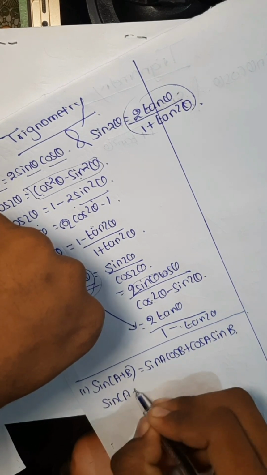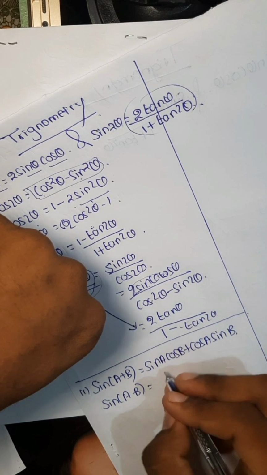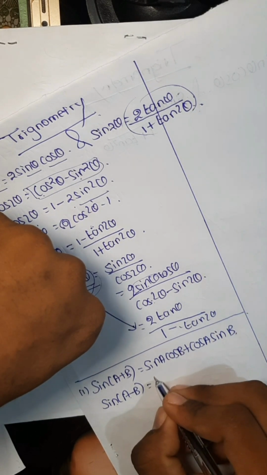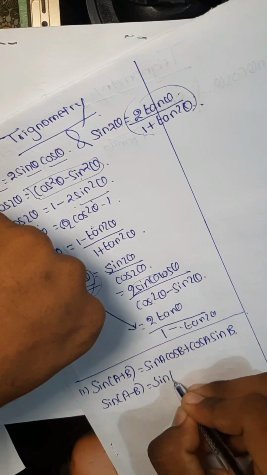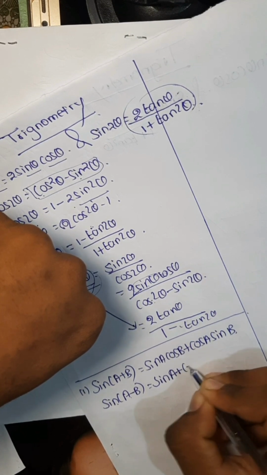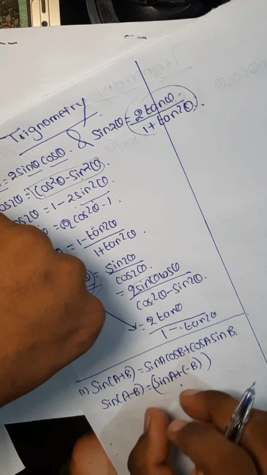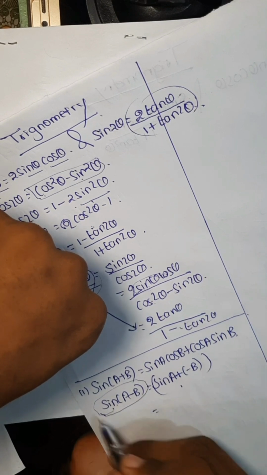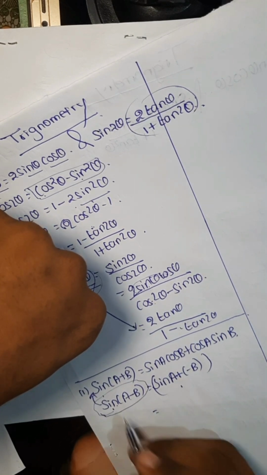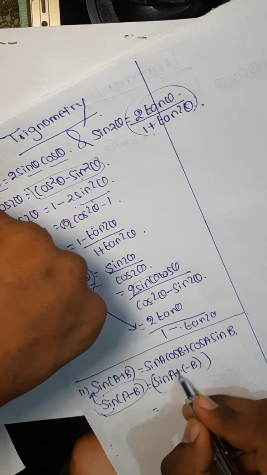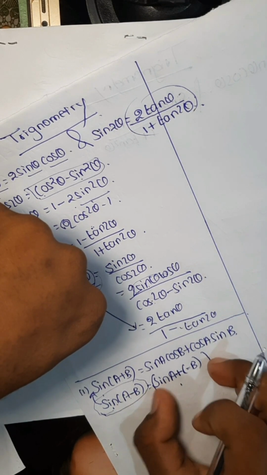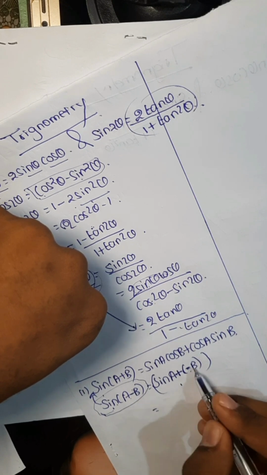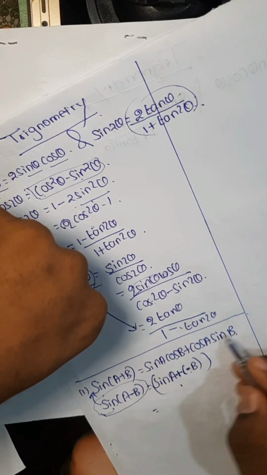Similarly, sin A minus B has a relationship with sin A plus B. We are going to get the expansion of sin A minus B using sin A plus B. Instead of plus B, we substitute minus B in the first one.